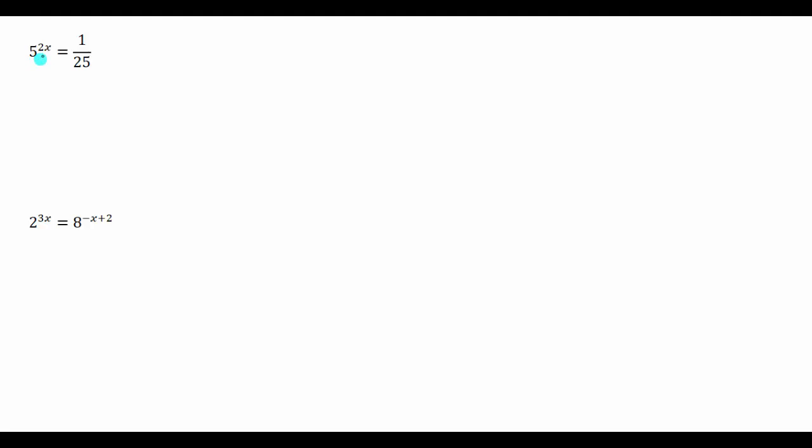Here I have 5 to the 2x equals 1 over 25. You might recognize that 25 is a power of 5. It's 5 squared. So what causes it to be a fraction of 1 over 25? What causes that is a negative exponent.